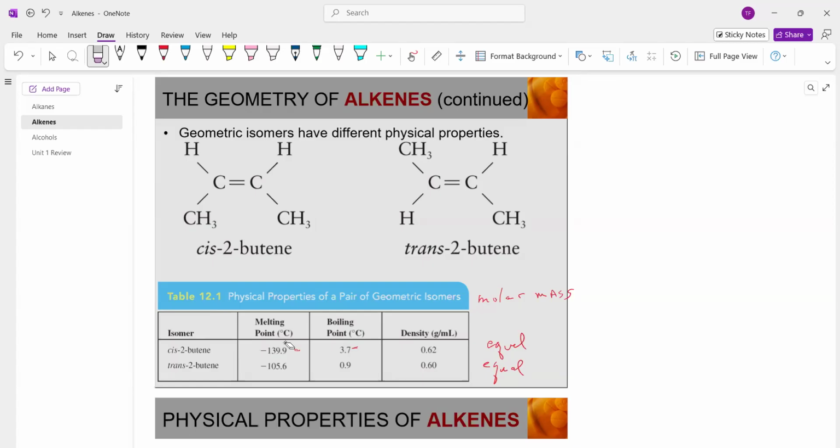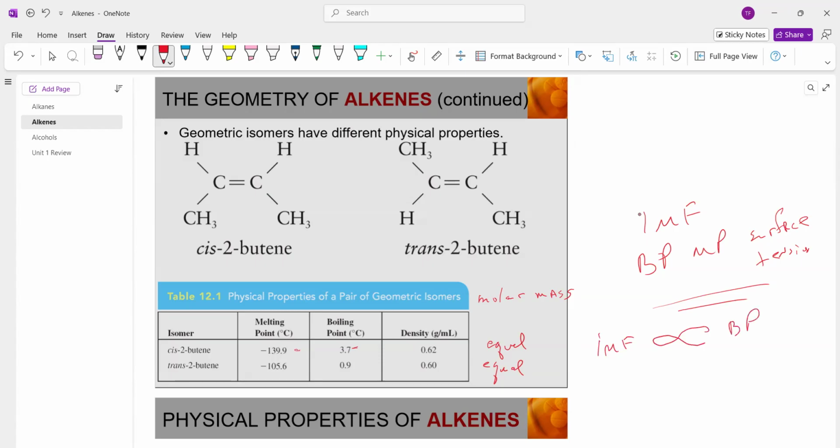Now, remember, with intermolecular forces, we have boiling point, melting point, and surface tension. When IMF goes up, it's directly proportional to boiling point, melting point, and surface tension.